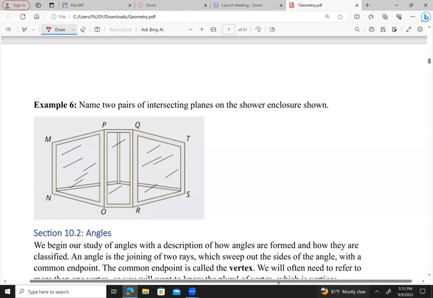Intersecting planes. Well, we have this plane here, represented by technically 4 points.